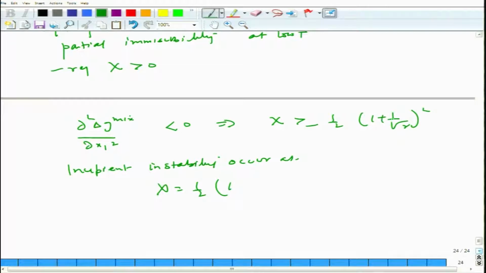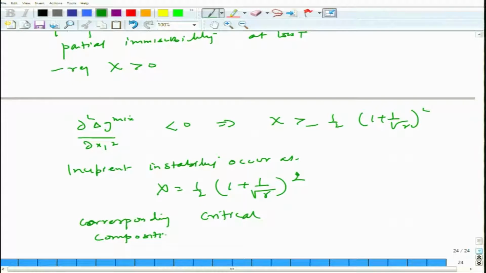In that case the corresponding critical composition, phi 2 C, is 1 by (1 plus root r).